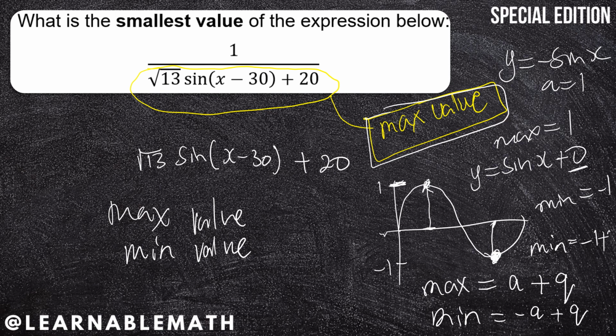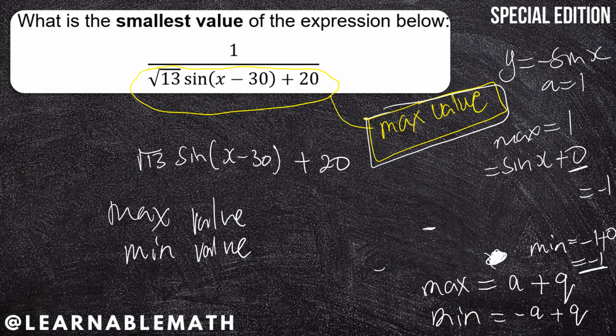This graph has a q of 0, so the answer is minus 1. You don't have to stress about drawing. You can just connect your amplitude with q: a plus q gives your maximum value, and minus a plus q gives your minimum value in any trigonometric function.